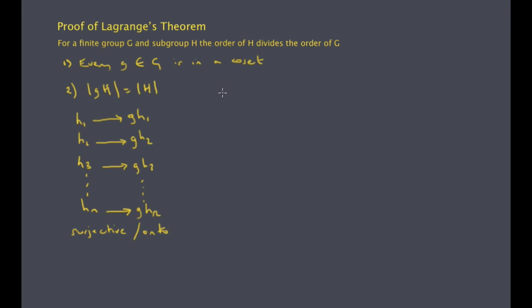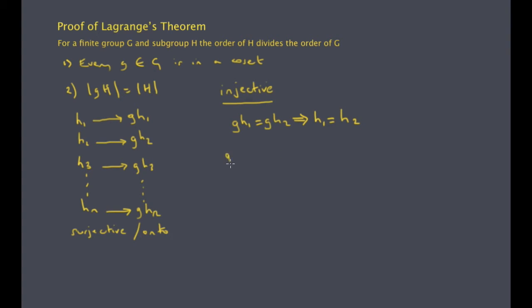Next we have to demonstrate or prove injective. And for this we need to be able to say that if two elements of the coset are equal, let's call them gH1 and gH2, this can only occur if the elements of the subgroup which map to them are themselves equal. So let's prove this.